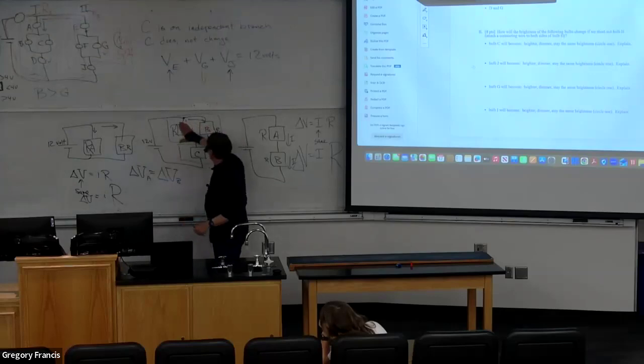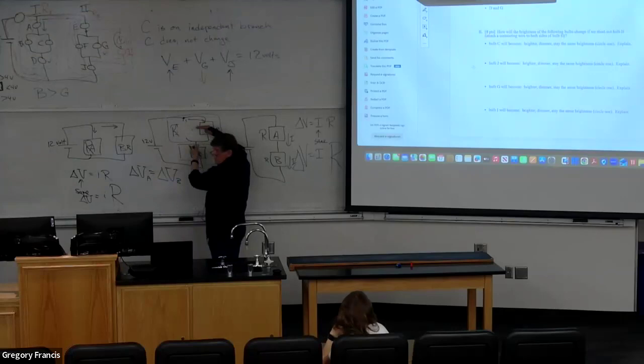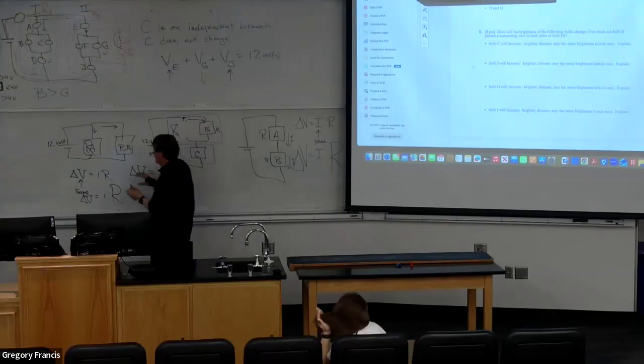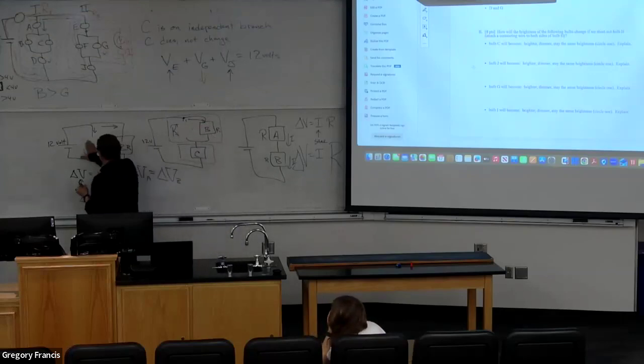If I remove that, I suddenly have changed the resistance of this box. And so that's going to change B and it's going to change C. But if I remove this, I've still got 12 volts across here. That's what independent means.